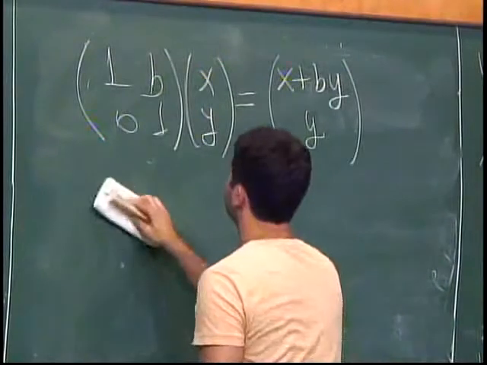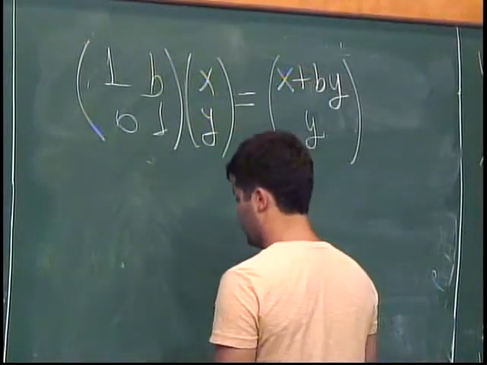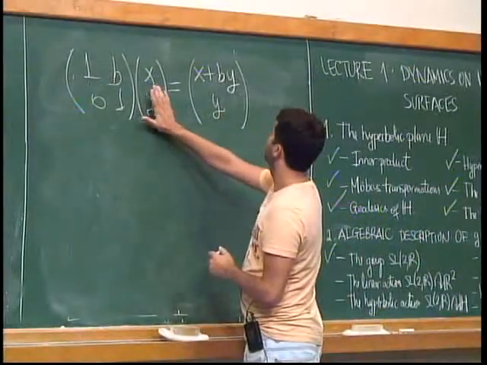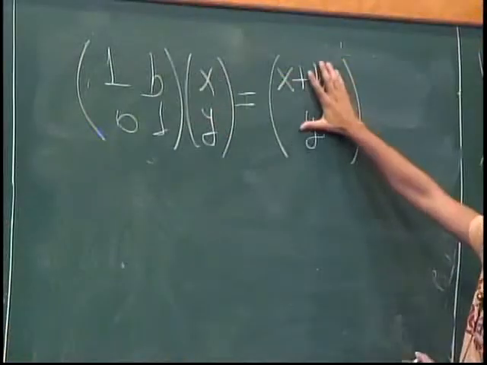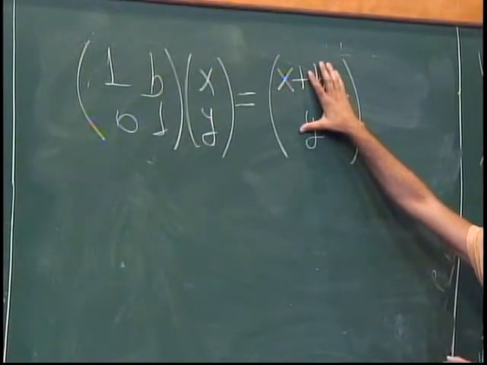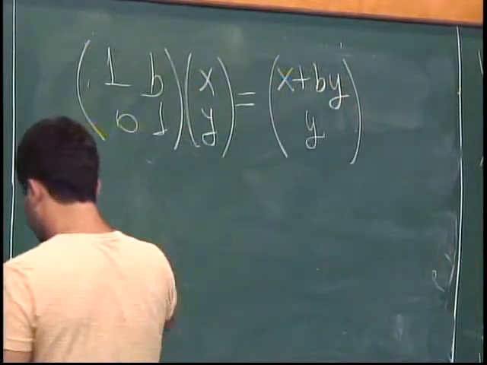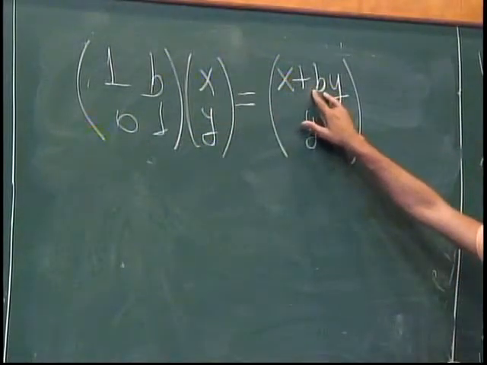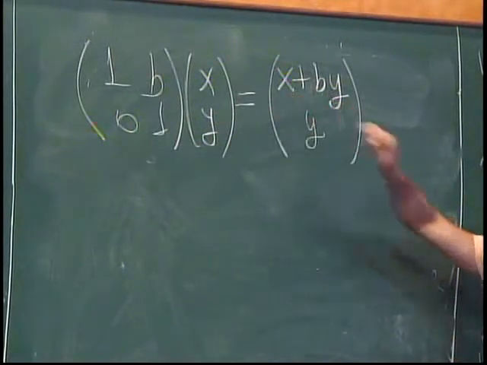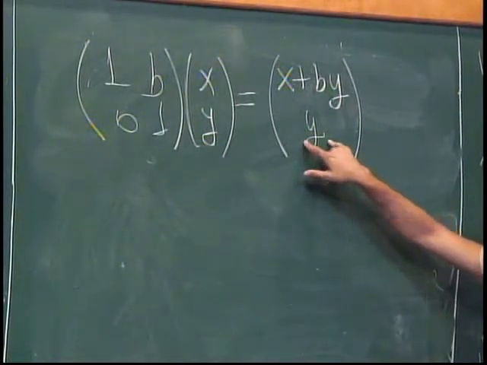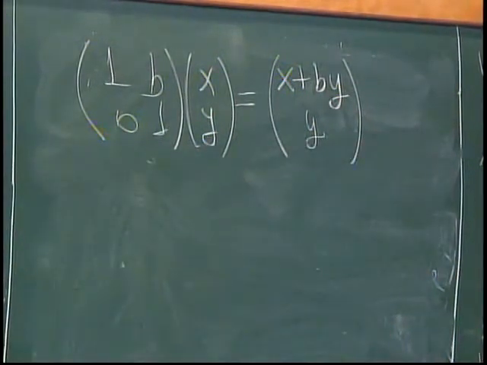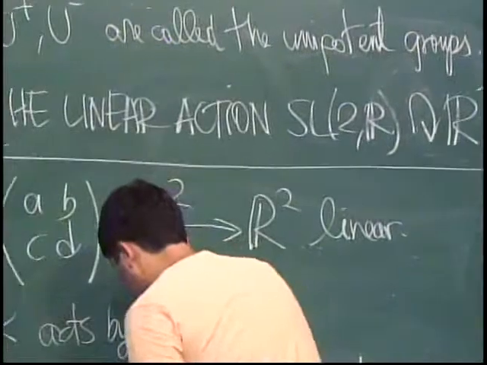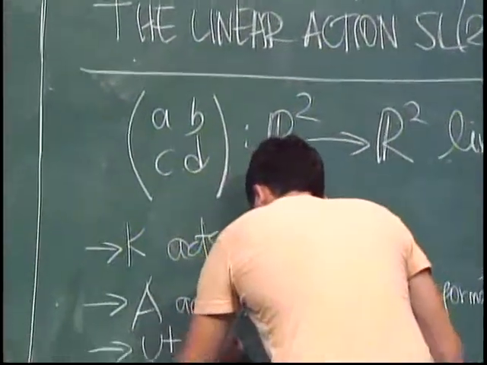So if y is 0, for example, and if you are applying the guy to the x-axis, y is 0, so you fix all vectors of the x-axis. So it fixes the x-axis. If y is not 0, then as you run over b, you get everything here. So it translates the horizontal line that passes through y. It does not act by translation, but it preserves horizontal lines.